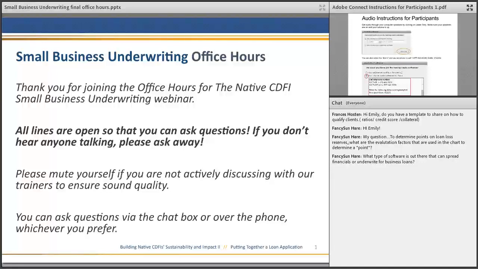It has estimates of expenses and revenue, and a description of how they're going to market and what their competition is, but it's going to be way more simplified. You're not asking them to do a full market study. You're just asking them to say, here's where I'm going to sell the things I'm going to make.